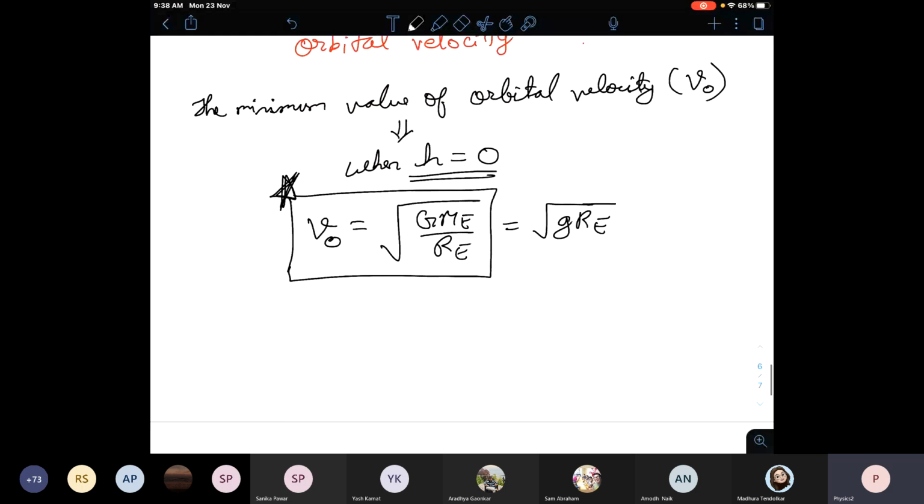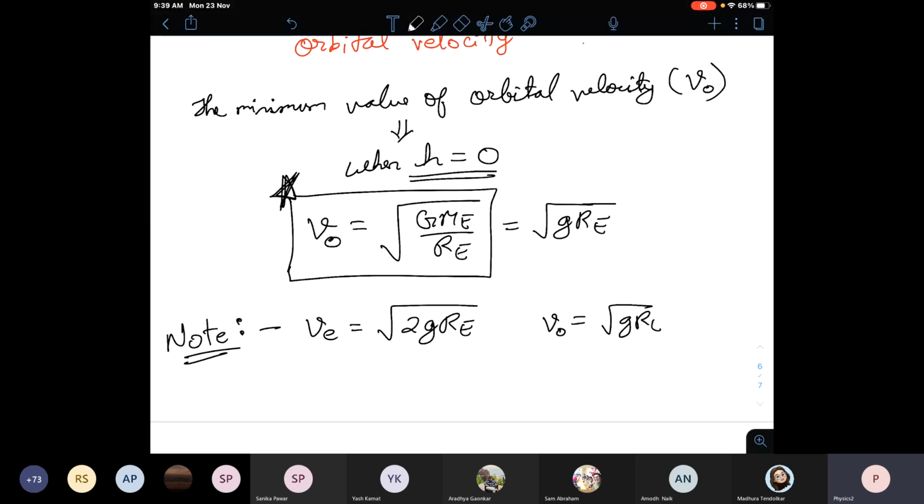Now there is a connection between escape velocity and orbital velocity. We can write it as a note. Escape velocity came out to be under root of 2 g Re. And minimum orbital velocity came out to be under root of g Re.